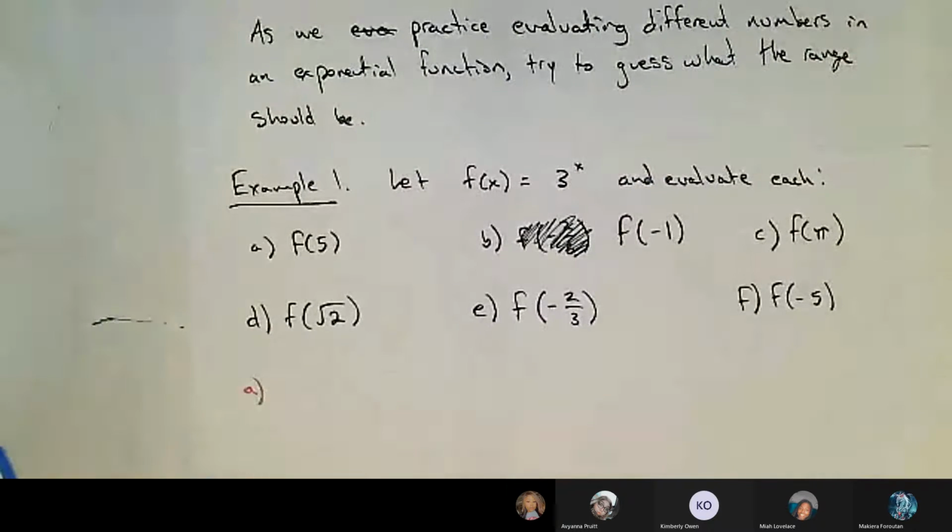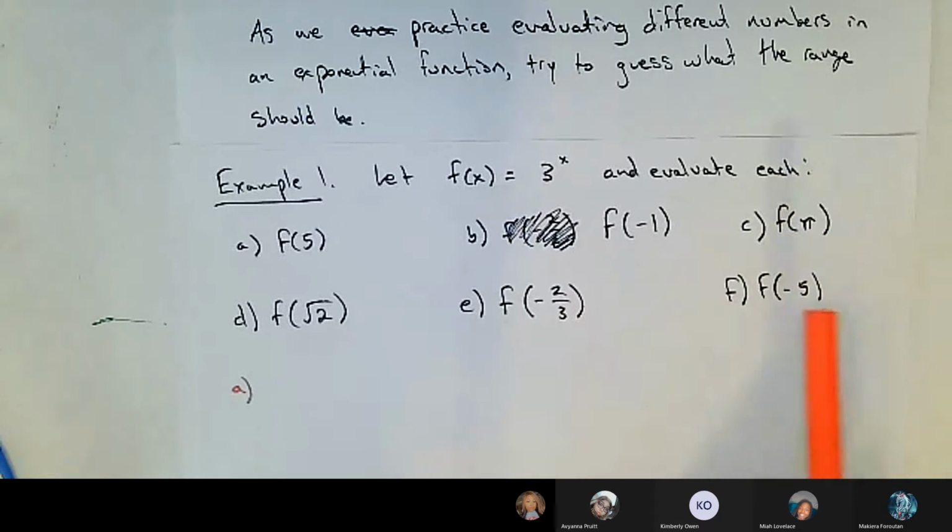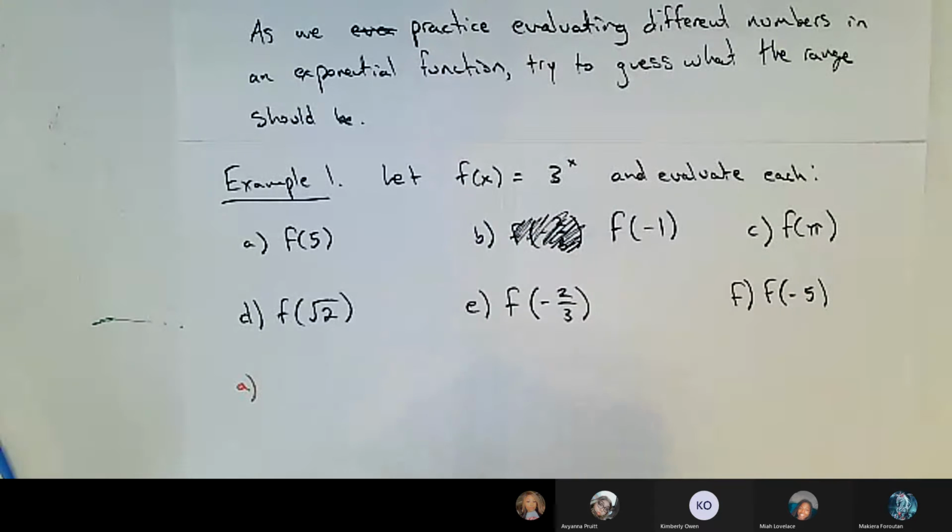Now, you can do part A probably in your head or by hand, just multiplying 3 by itself 5 times. Easier to just use a calculator, right? That's how probably most sane people will do it, unless you just know what 3 to the 5th is off the top of your head. These other ones, though, in particular the ones with irrational inputs, definitely we're going to use the calculator for.